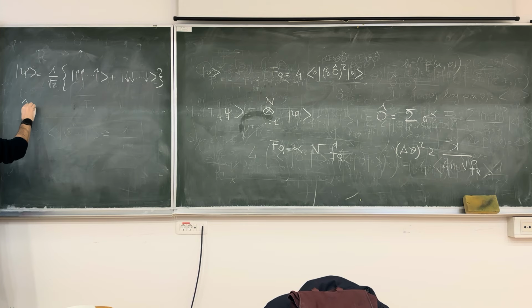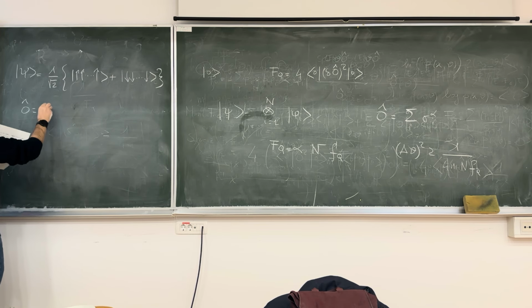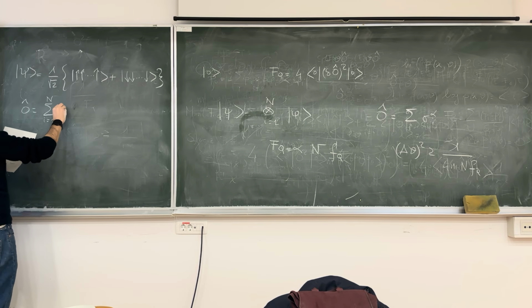You pick your observable. In this case, since we chose a definite direction, let's pick as our favorite observable the sum over i from 1 to n of sigma^z_i.